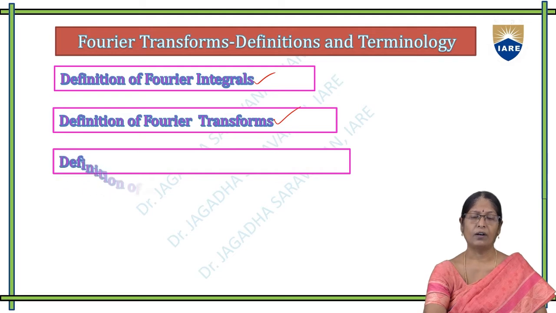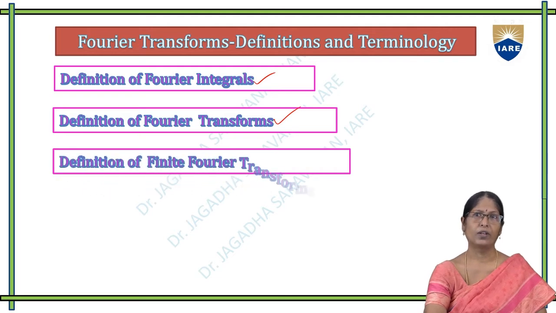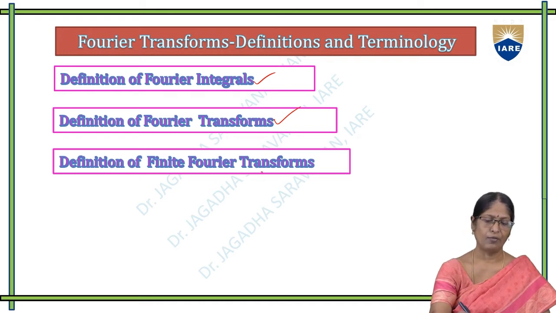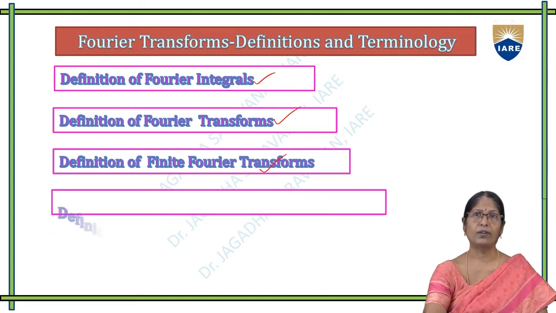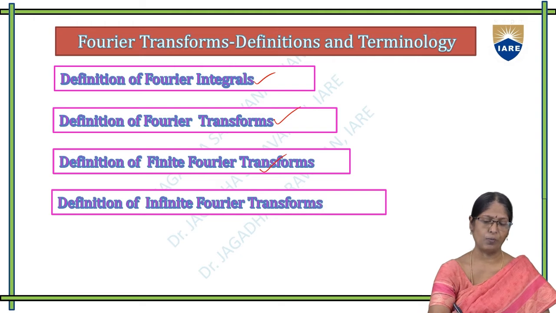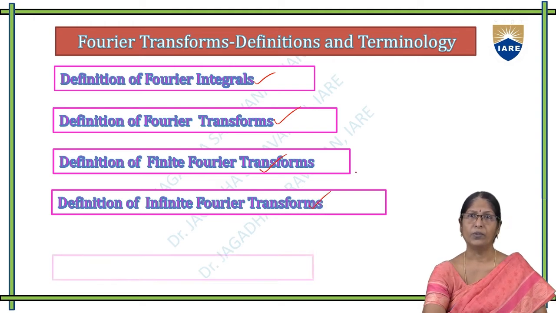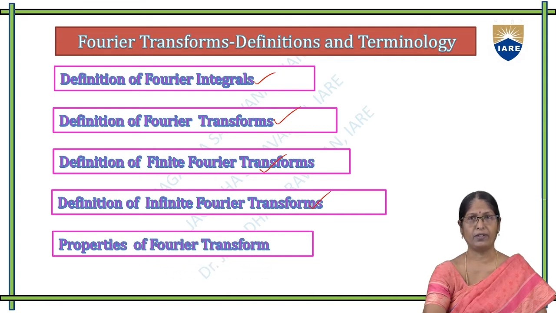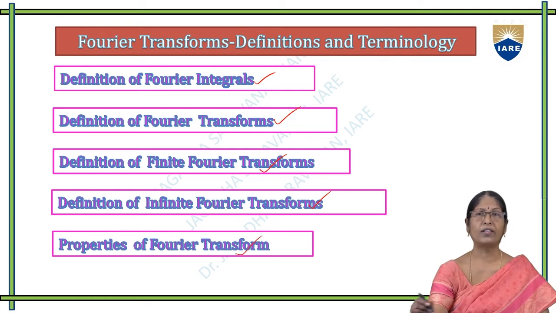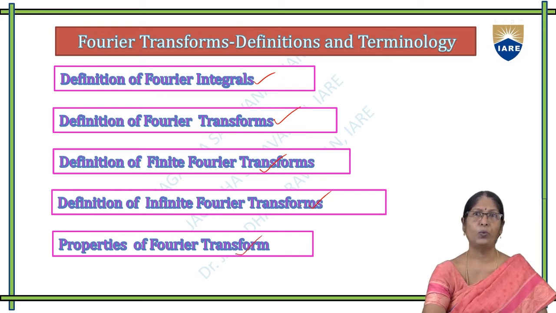Next, the Fourier transforms, which are divided into two types, that is finite Fourier transforms, and the next one, the definition of infinite Fourier transforms. The last one, regarding the Fourier transforms, what properties are defined for this Fourier transform, that we will also discuss in detail.